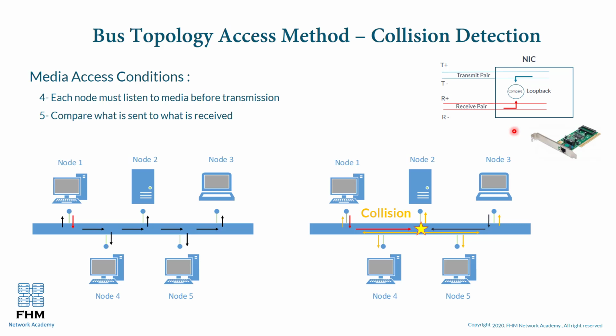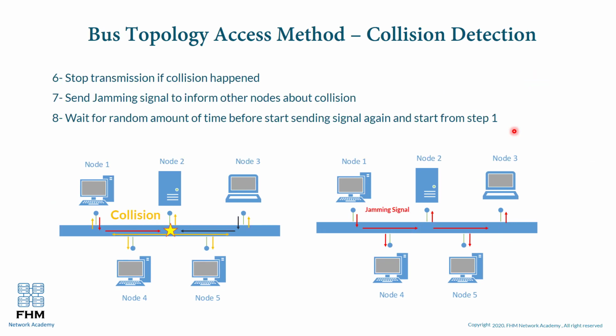What if the signal that is received is not equal to the signal that is sent? It means some other node sent a signal at the same time, so the signals collided and a collision happened.